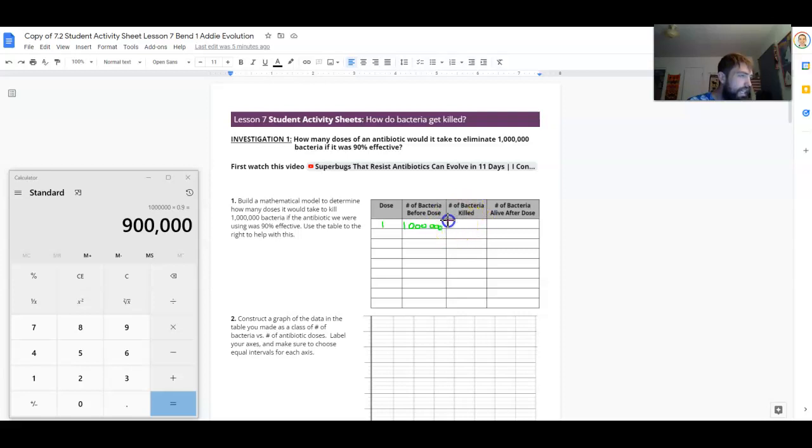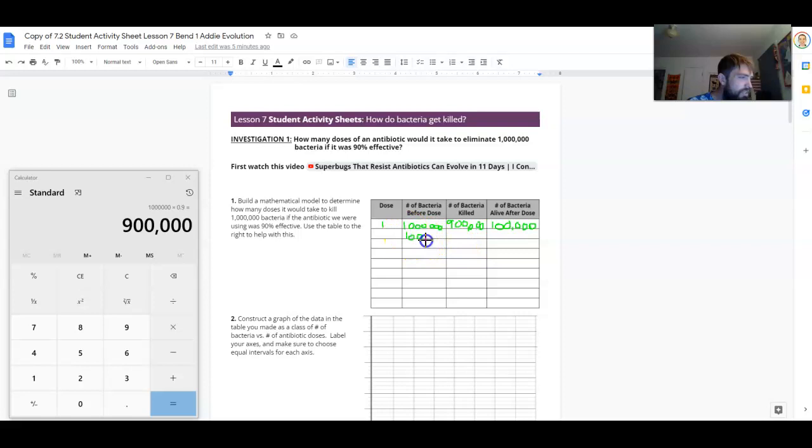Okay, so we know that 900,000 get killed. And that leaves us with the difference of these two. So that would leave us with 100,000 left.